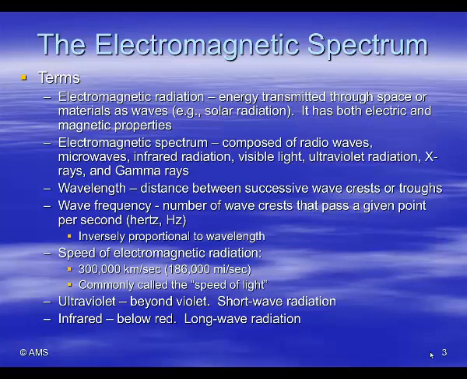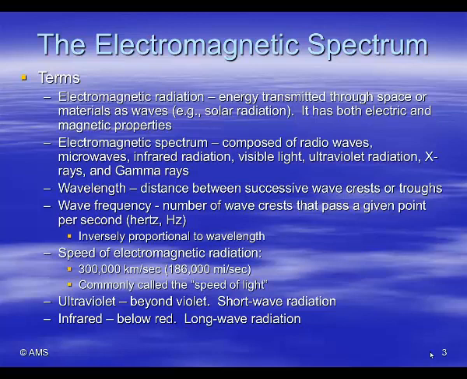This is in honor of the scientist who worked a lot with waves and came up with this unit. We find that the frequency is inversely proportional to the wavelength. So if you have a long wavelength, you have a low frequency, a few waves per second. If you have a short wavelength, you have a high frequency, many waves per second.